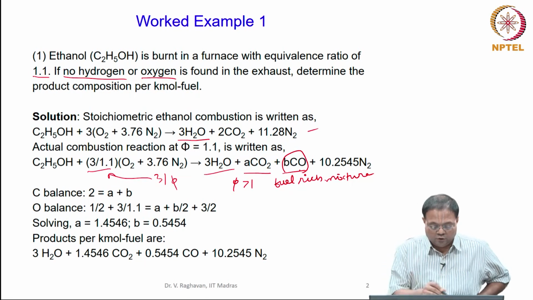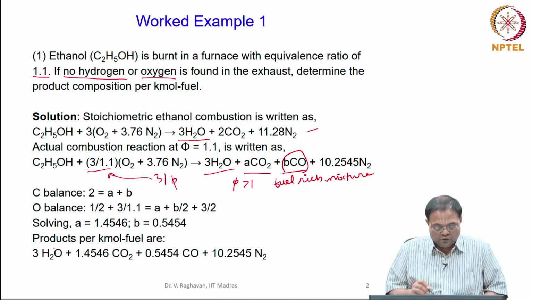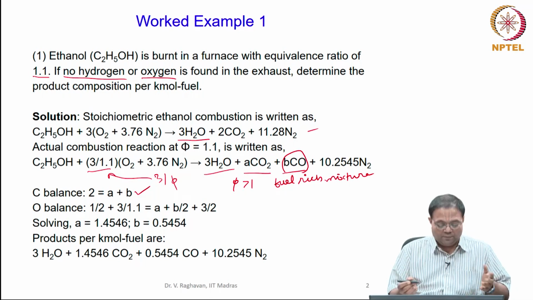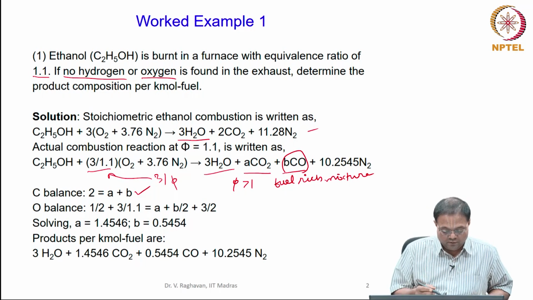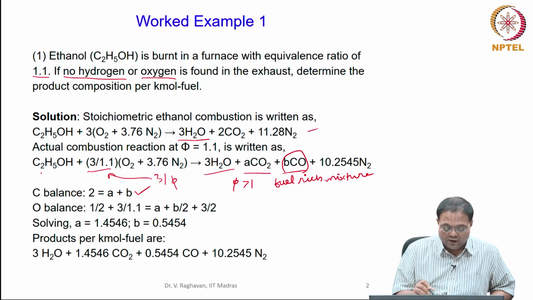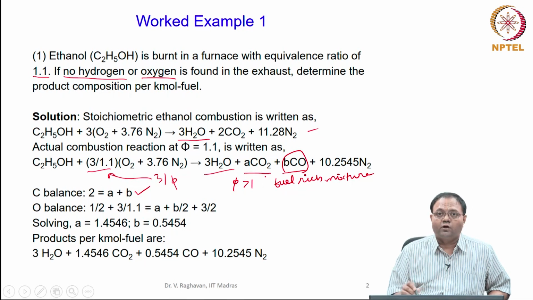Okay, so by doing this, now you have equations in terms of atom balance. The hydrogen balance doesn't appear here because it's already balanced, but to take carbon balance, 2 carbon atoms in the left hand side, A plus B is the carbon atoms in the right hand side.